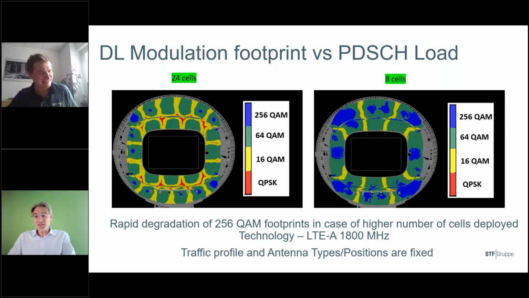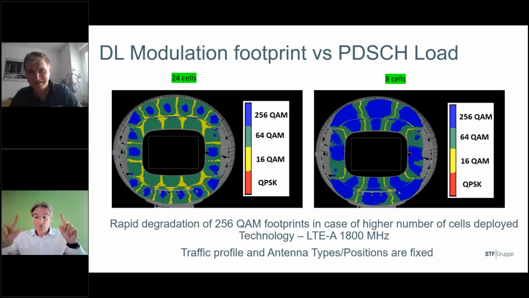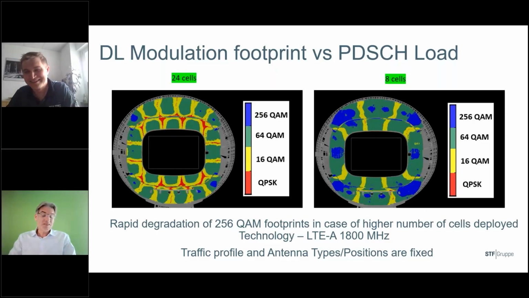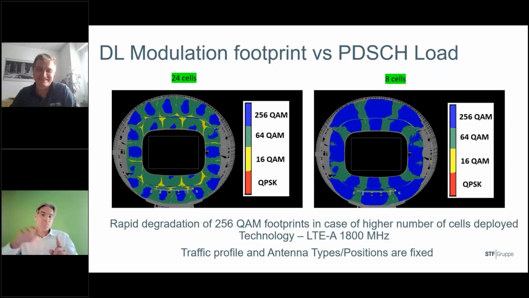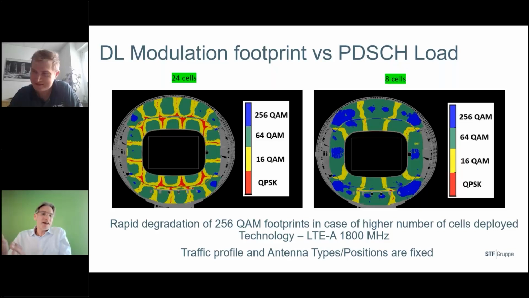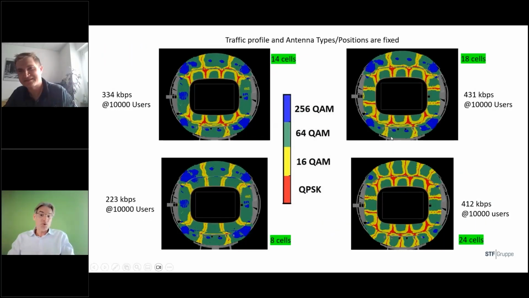So with 8 cells, you get much better coverage with 256 QAM than with the 24 cells. This seems to prove the curve you showed at the beginning. In this case it seems that less is more at the end. Less sectors will give you better performance of the network. Exactly right. Thanks for supporting me on this, delivering this message.